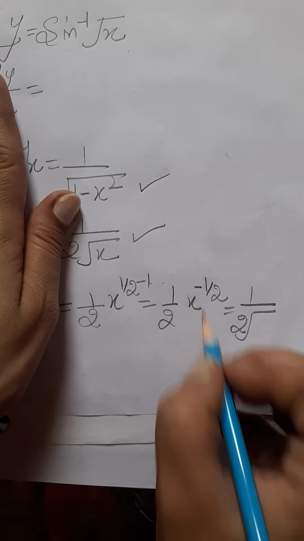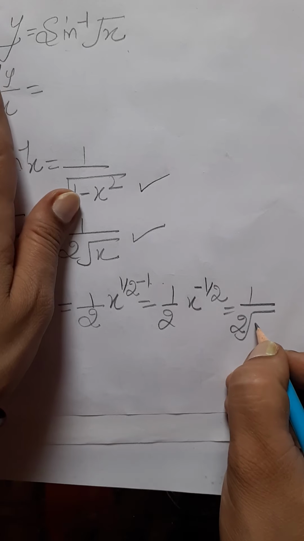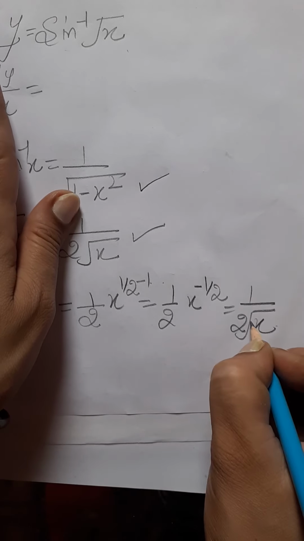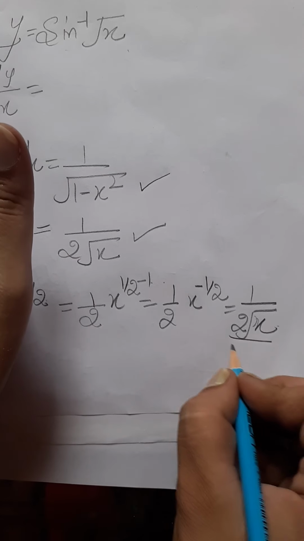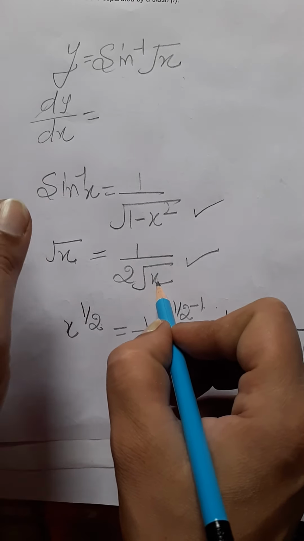Omit the sign of minus, you can write x^(1/2) in the denominator, so 1/2 you can write as root x. In this way you get this form, so you should remember this form directly.